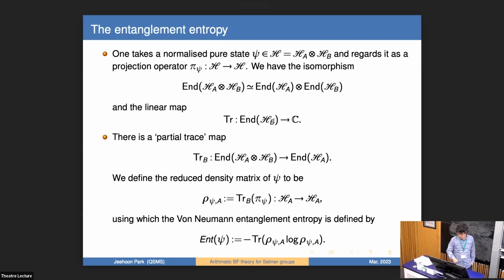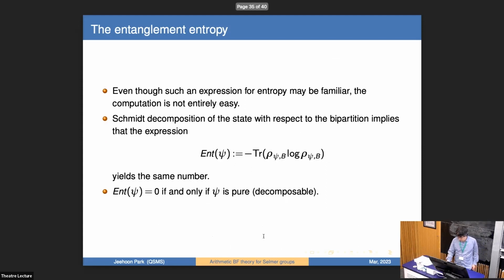Then using this isomorphism, you can think about the trace map, and also the partial trace map with respect to H_B. From there, you get the density matrix, and then you use the trace of the log of the density matrix. That's the entanglement entropy. If the entanglement entropy is 0, then it's a pure vector, just a tensor product of two vectors. Otherwise, it's bigger, and the states are more entangled.